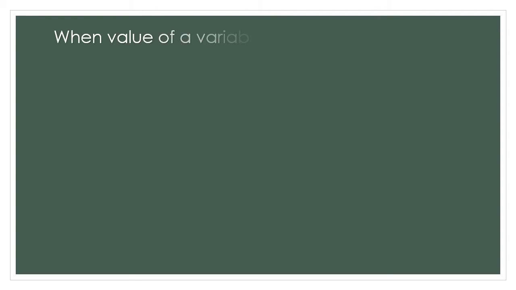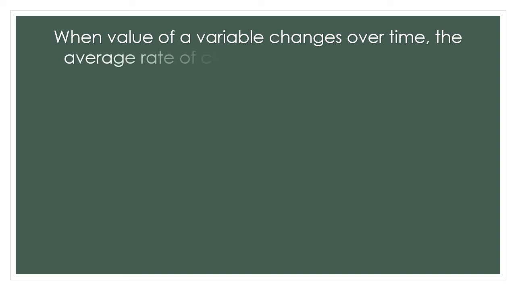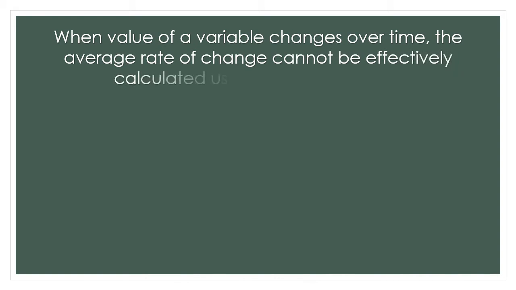Now when the value of a variable changes over time, that means it changes in a year or a month or a day, and we are supposed to calculate the average rate of change, which might usually be in percentages, we cannot calculate it effectively using the arithmetic mean.